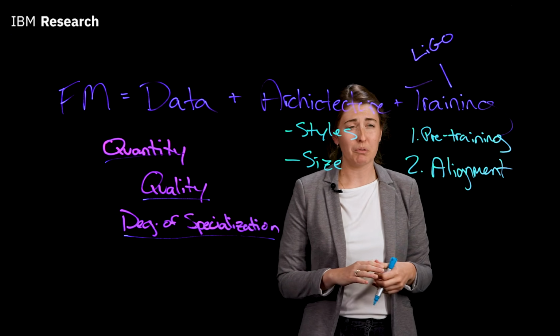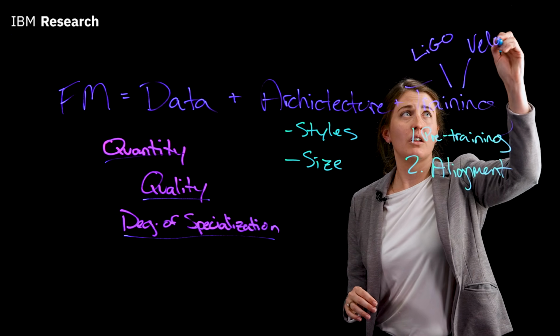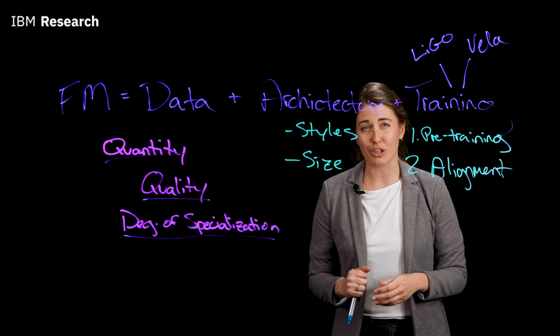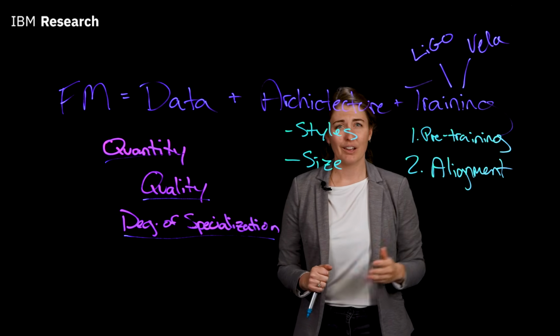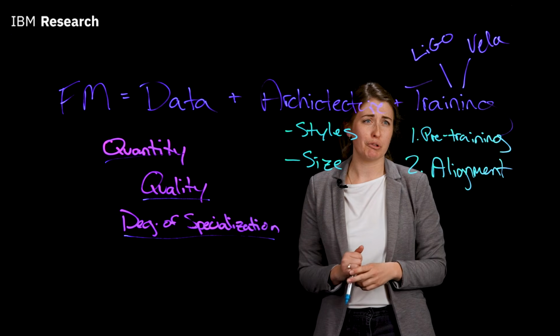foundation models available. We've also done all of our training on Vela, the supercomputer built by IBM Research that we've optimized across the stack to ensure that our training and inference is as efficient as possible.